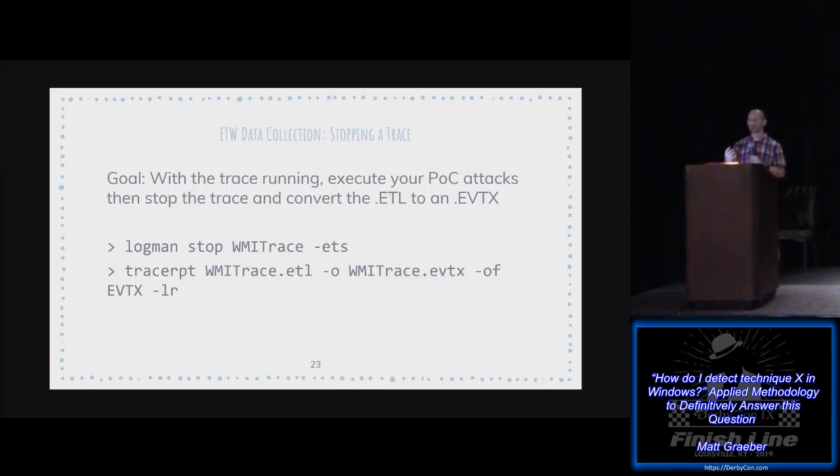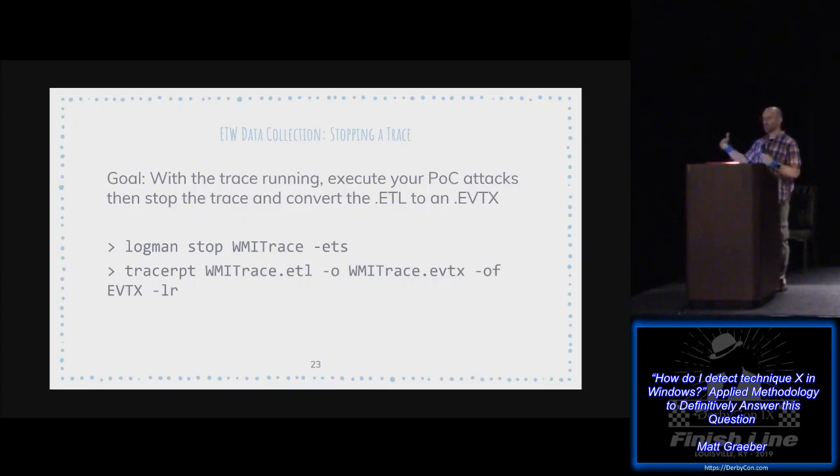At least in previous versions of Windows, the relevant schemas for the ETW provider would not be applied to the ETL file. So an ETL file would just consist of the raw trace data with no human readable context around it. What you'd have to do is use another built-in utility called tracerpt to convert the ETL to an EVTX file, which is going to be human readable.